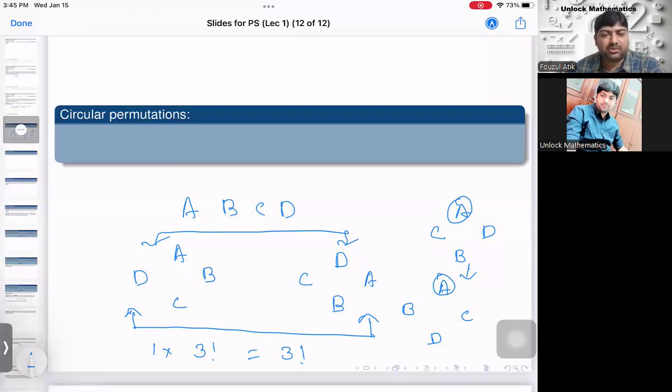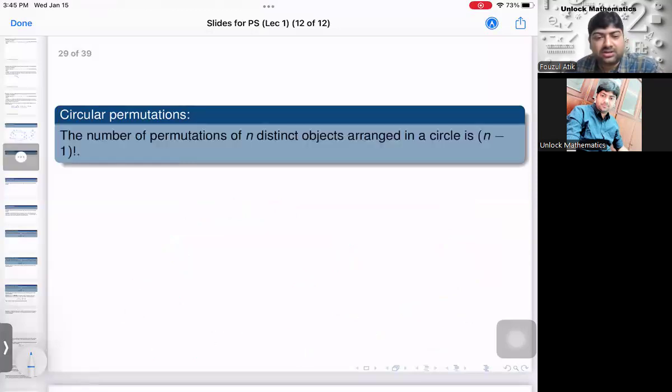The difference between circular and linear permutation is that in a circular permutation, if you just rotate it, the positions are the same. So you fix one position, and after that it is treated as linear permutation. Therefore, the number of permutations of n distinct objects arranged in a circle is n minus 1 factorial. There are n elements; one you keep fixed, and the other n minus 1 you permute linearly. So there are n minus 1 factorial ways. I hope it is clear to you.